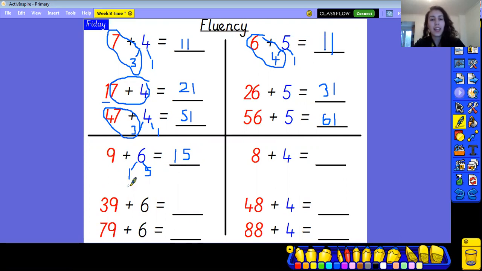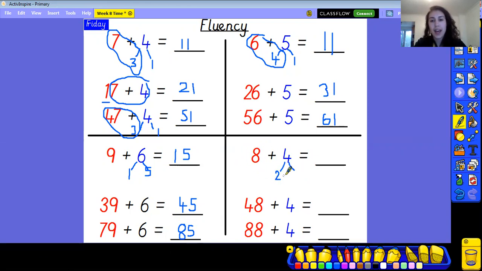So 39 add 1 would be 40, and then add 5 more would be 45. And then 79 add 6, same again, 79 plus 1 is equal to 80, and then add 5 more is 85.